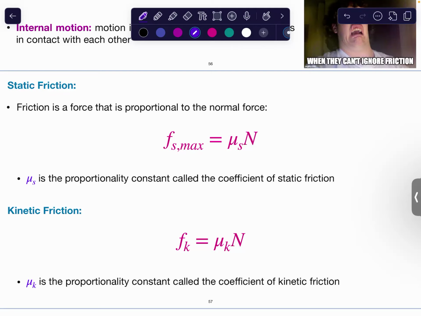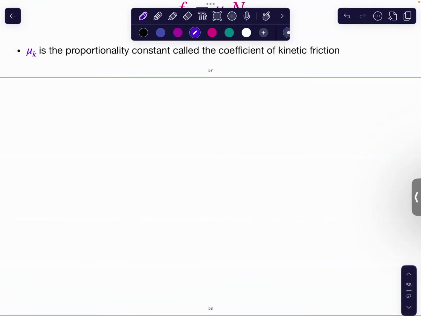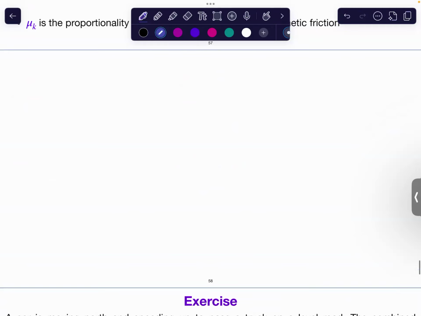However, when you're looking at kinetic friction, again, you have the same format, mu sub k, the coefficient of kinetic friction, multiplied by the normal force your object produces. However, this is not a maximum force. So just keep that in mind. This equation is a maximum for static friction, not a maximum for kinetic friction. And you'll notice that kinetic friction is usually quite a bit lower than static friction if you look up various graphs. But a way we can think about this is let's just look at two free body diagrams.